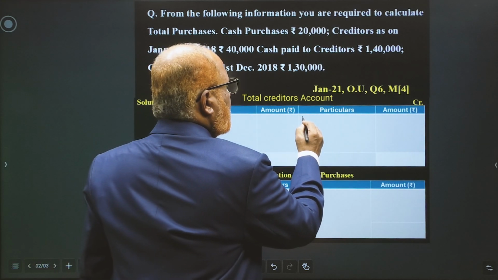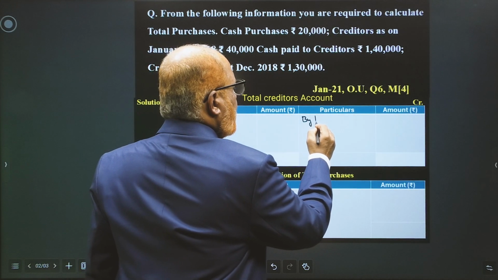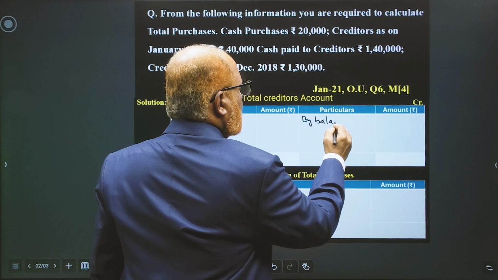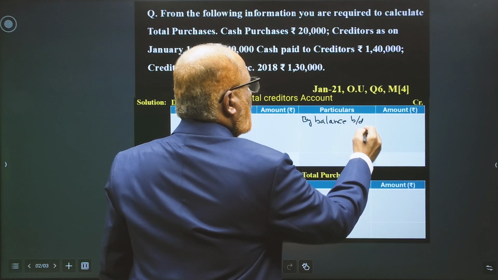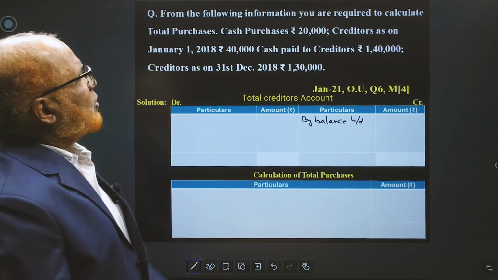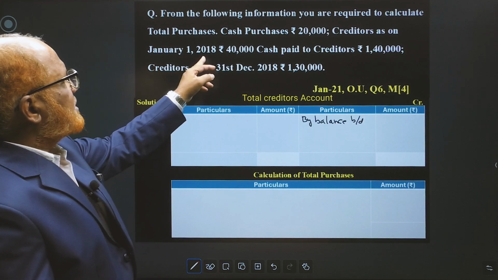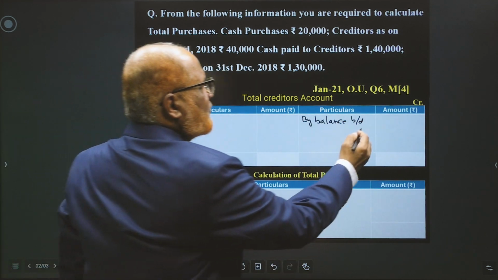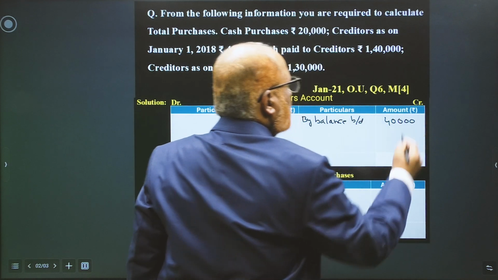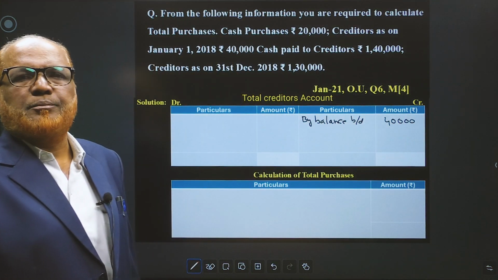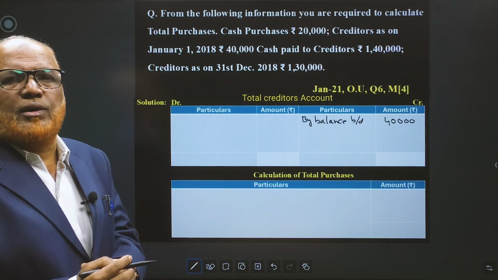So here I am taking by balance brought down, opening balance. See how much is the opening balance of creditors on 1st January 2018. It is 40,000.